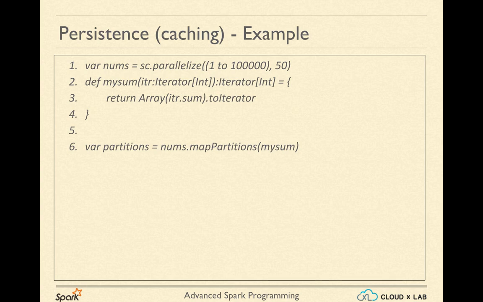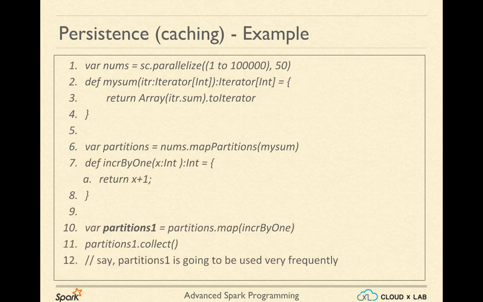We first created a function mySum which sums up the values of an iterator and then returns the sum as a single value iterator. This function mySum is being called using mapPartitions on nums.